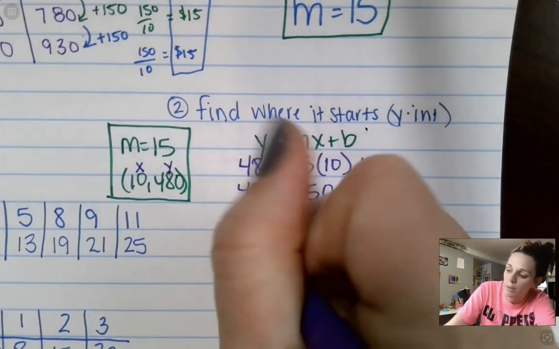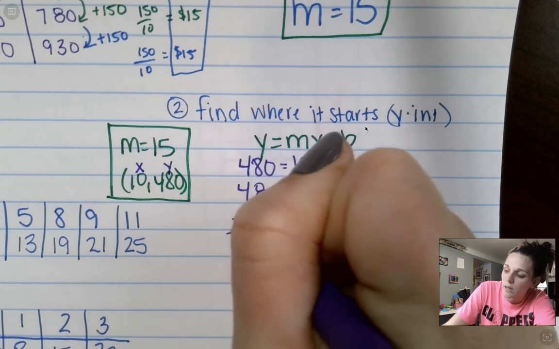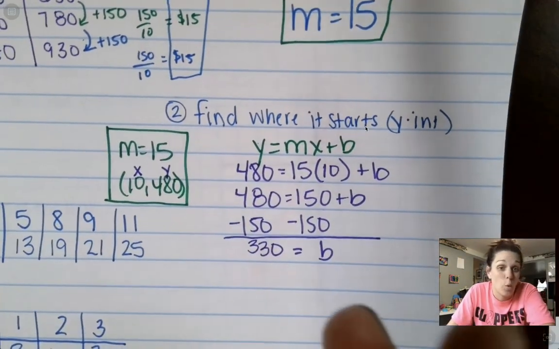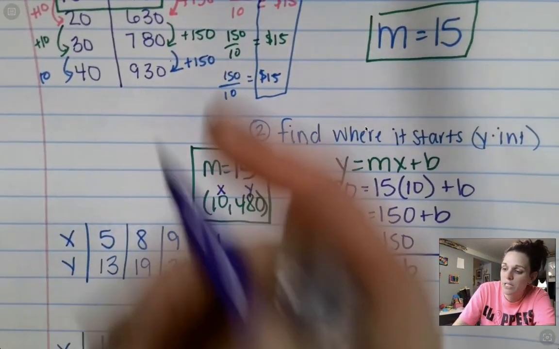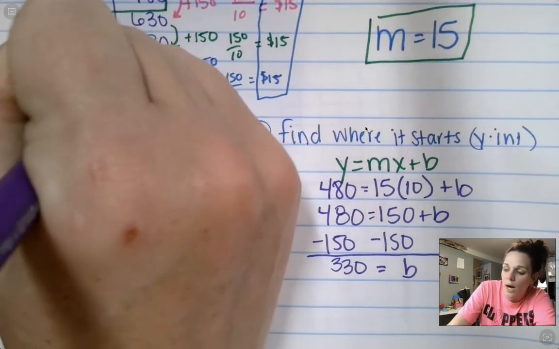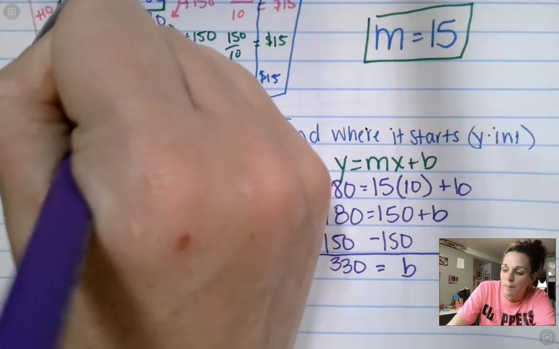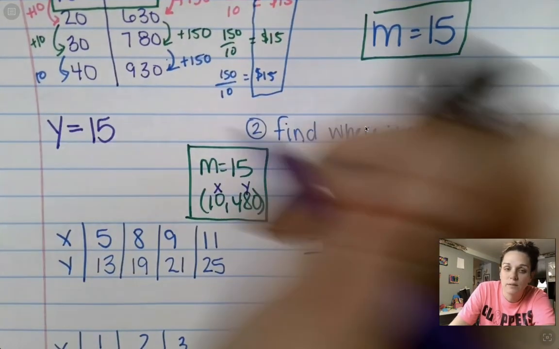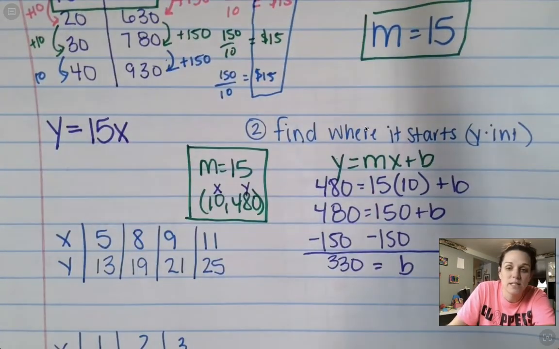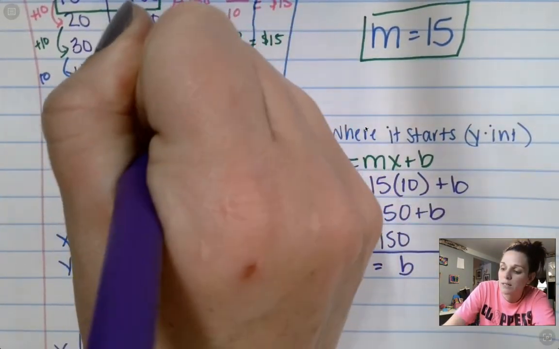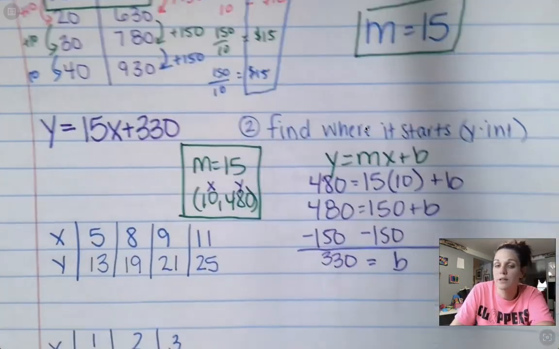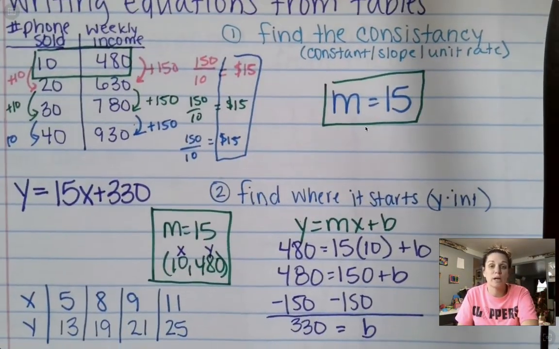So I make $330 a week, no matter what. So this table's equation would be y equals my slope of 15 times the number of phones I sell plus the $330 that I get just for showing up to work.